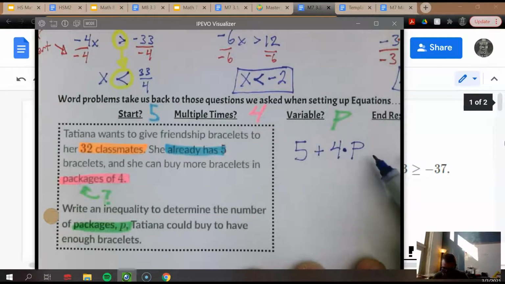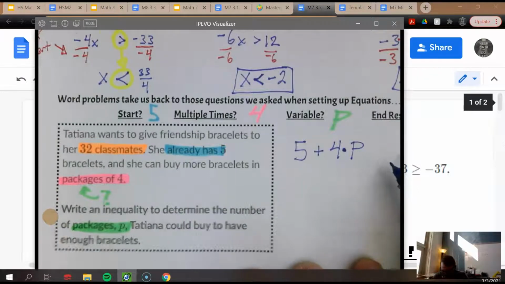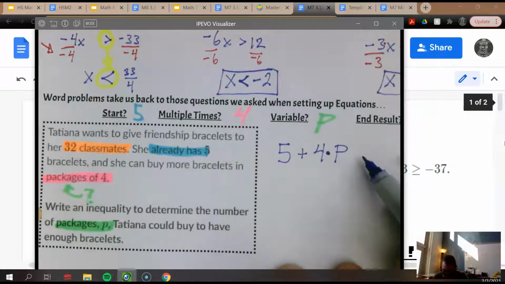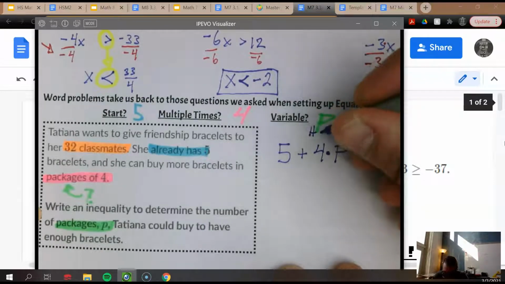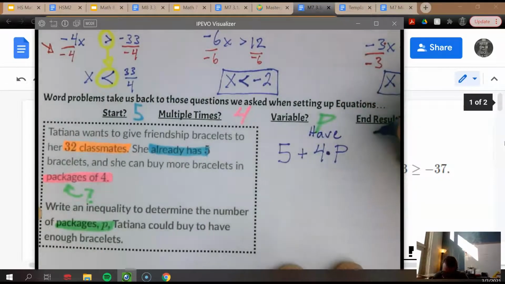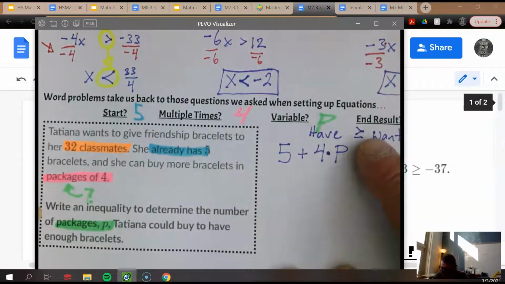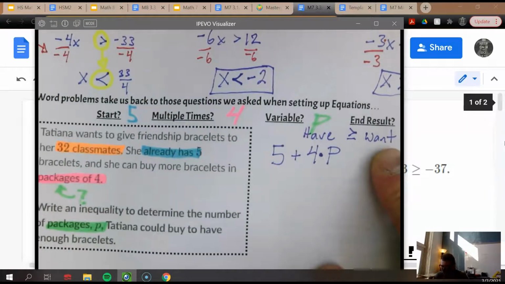But I could equal the amount that I want, but I could also go past it. So if this is what I have versus what I want, what I have could equal what I want, or what I have could be more than what I want.